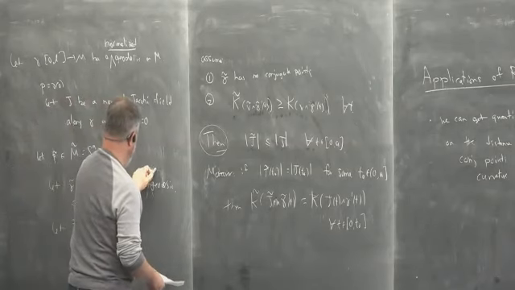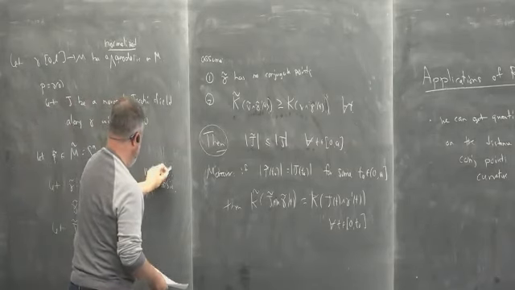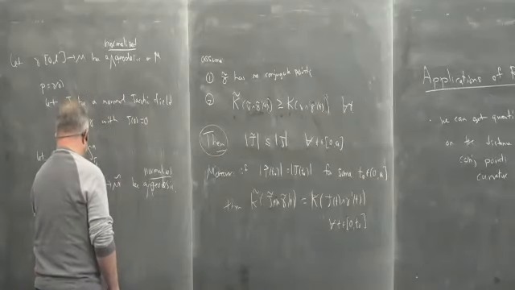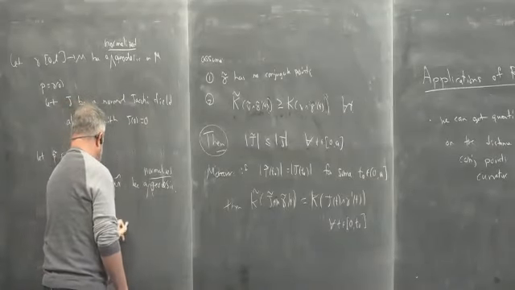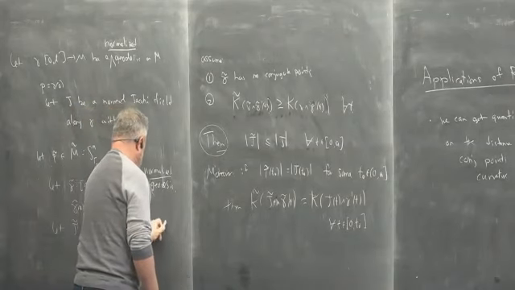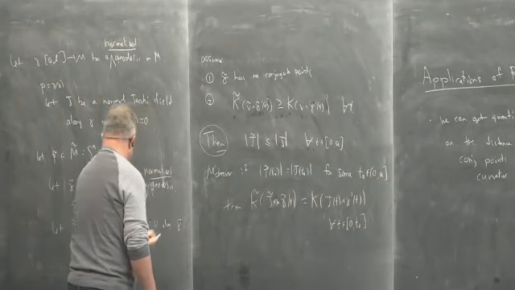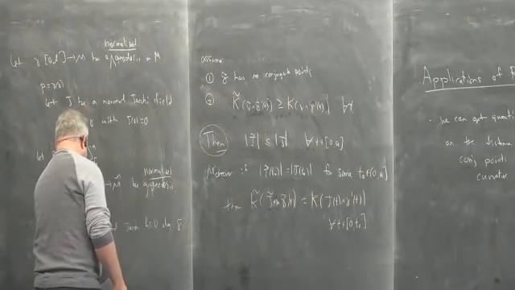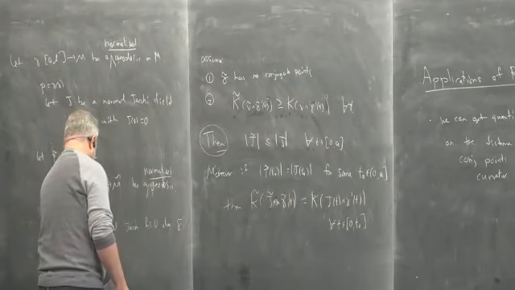So they have the same speed, since they both have speed 1. And let J tilde be a normalized, normal Jacobi field along gamma tilde with J tilde of 0 equals 0.